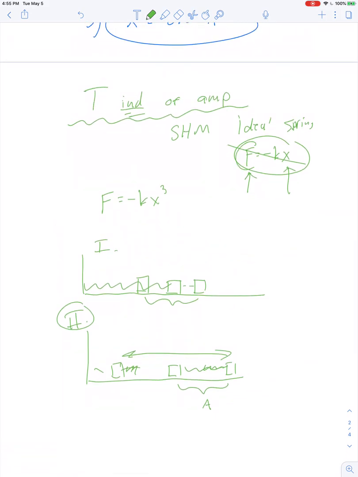As long as force grows with displacement in a linear fashion, then the amplitude washes out of the variables that have any dependency on the value for the period. But in this case, as the amplitude is increased, the force increases even more so.